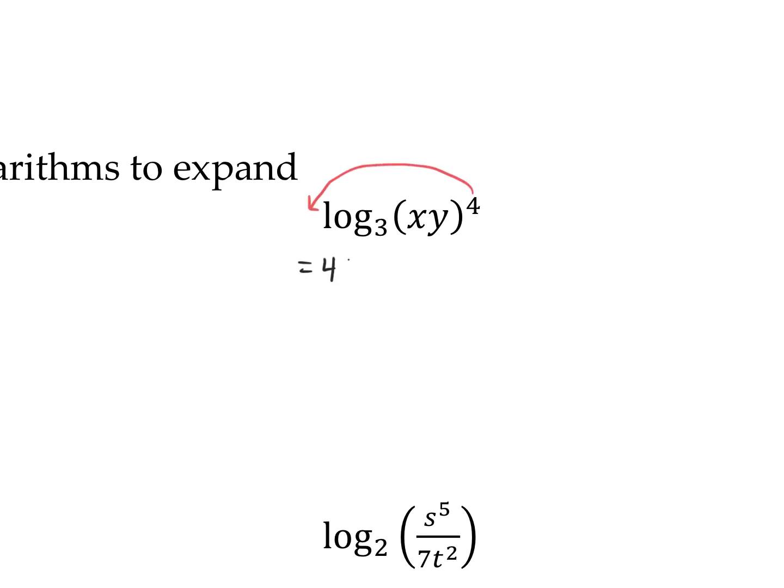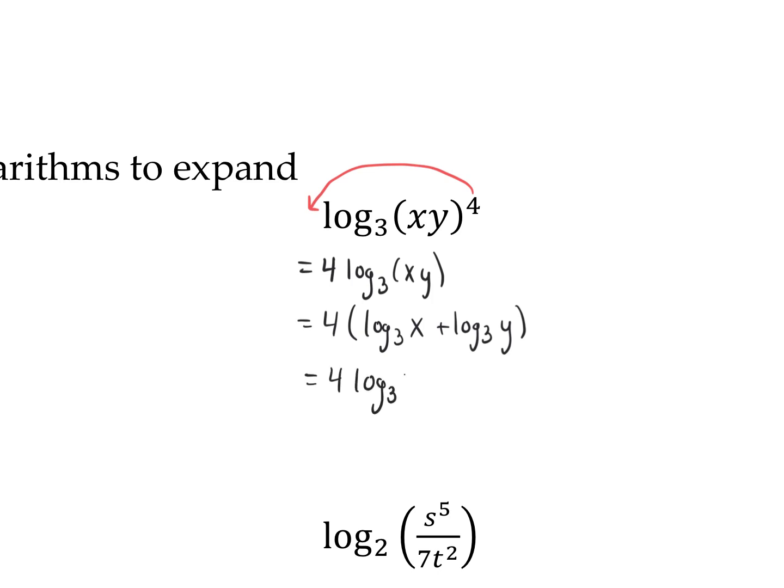So I have 4 log base 3 of xy, and then I'll expand that out into log base 3 of x plus log base 3 of y, and then I'll distribute the 4. There's no multiplication, division, or exponents left inside the logarithms, so I know I'm done.